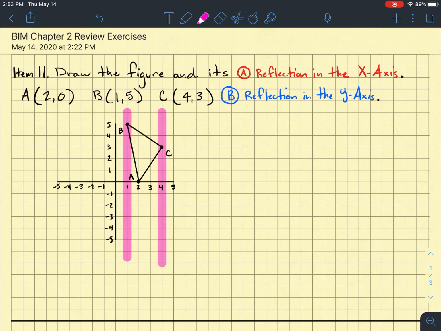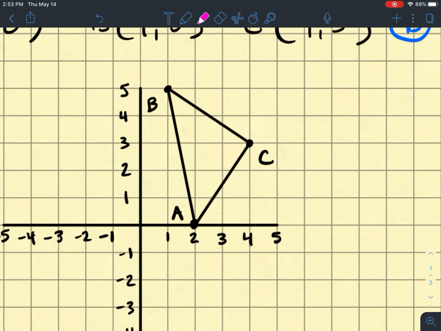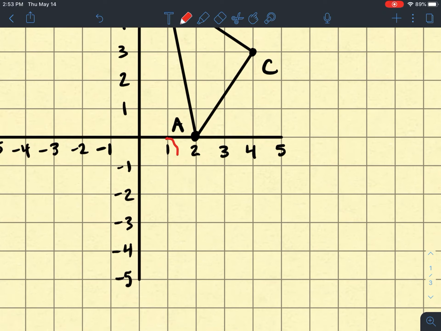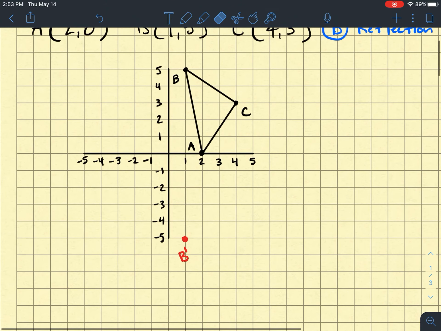Let's do the B first. Let me zoom in. Since the B is 1, 2, 3, 4, 5 units up, it's going to be 1, 2, 3, 4, 5 units down. So this is where B prime is going to be located. Same thing for C. Let's count how many units it is away from the x-axis.